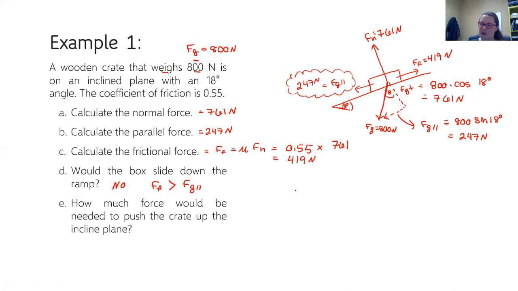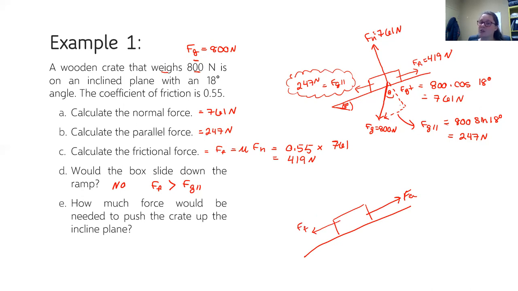Question E is the tricky one. How much force would be needed to push the crate up the ramp? So when we're pushing it up the ramp, I'm going to redraw it and isolate just the information that we want. I want to move the crate up the ramp, so there's going to be an applied force up the ramp. Notice friction is going to pull down the ramp now because it's opposite the direction I'm moving.